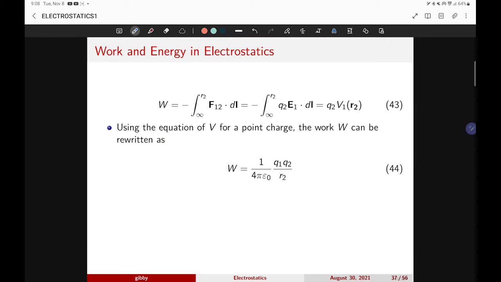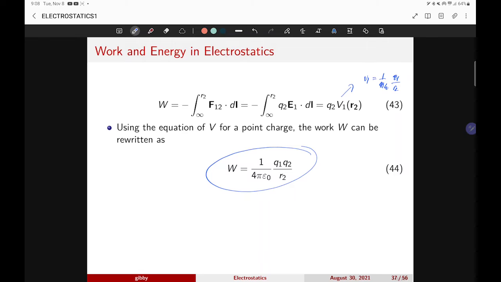So we now have V1, that's 1 over 4 pi epsilon naught Q1 over R2. Then substitute it there, you get this expression for your work.